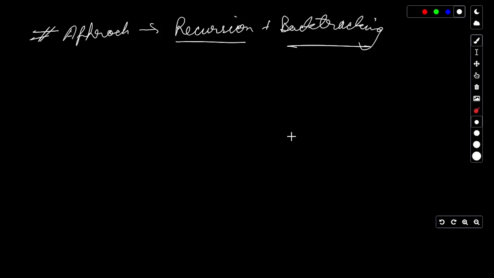The intuition is this: when we are given these particular numbers, we will have two choices. The first choice is that we take this particular number, and the second choice is not taking this number.